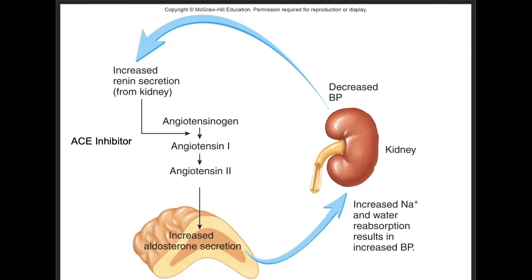Once the renin is secreted, it will act on your angiotensinogen and form your angiotensin 1.